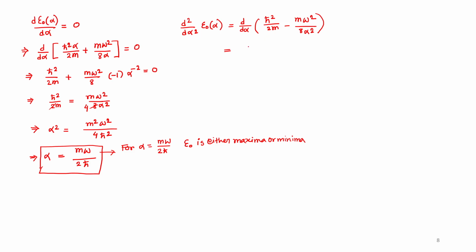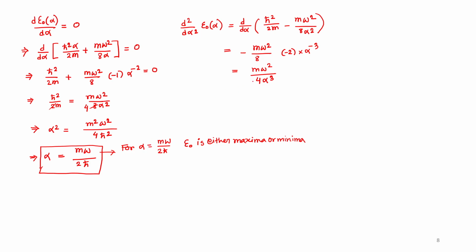The first term is going to be 0. Here we have m omega square by 8, and alpha to the power minus 2 is going to lead to minus 2 into alpha to the power minus 3. So obviously it is a positive term, m omega square by 4.